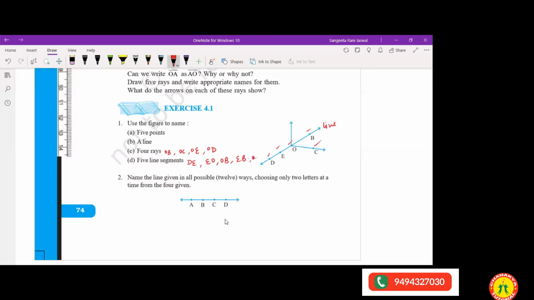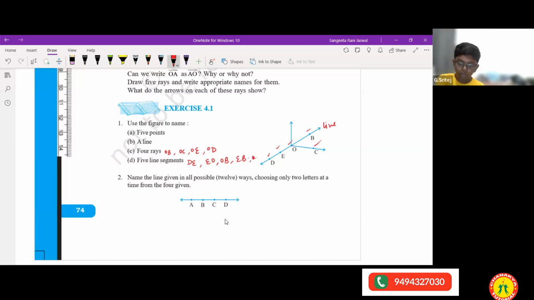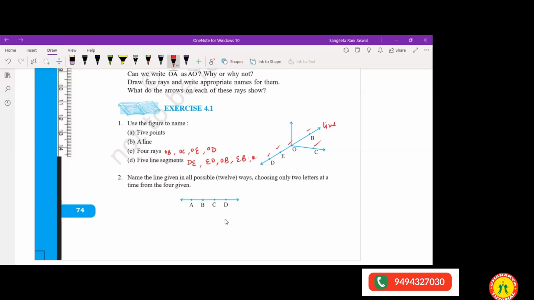Ma'am, OD is also a ray because it's like a point in D. EB. DB.